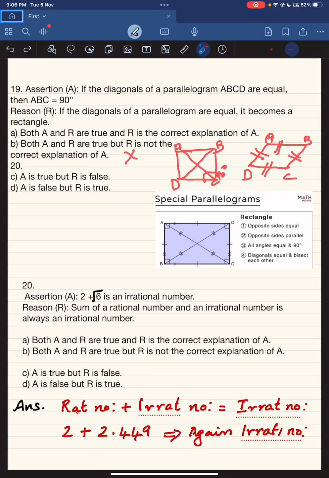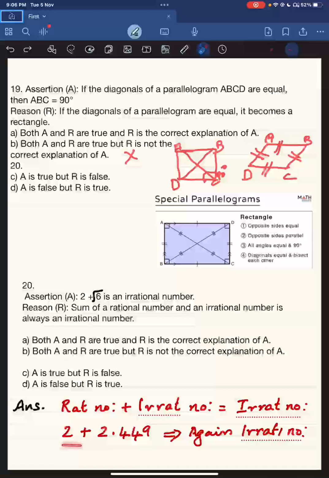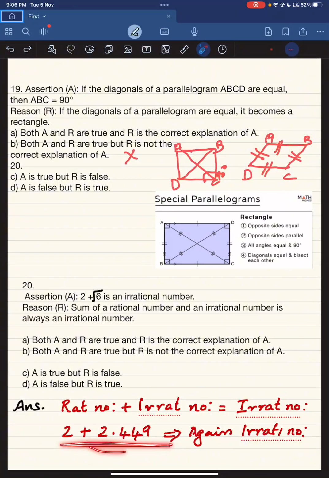So if we add a rational number and an irrational number together, we will get only a number which has decimal, right? Again a decimal number. That means again an irrational number. So this reason is correct for this assertion, right?